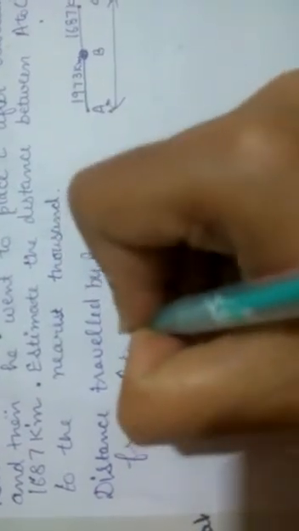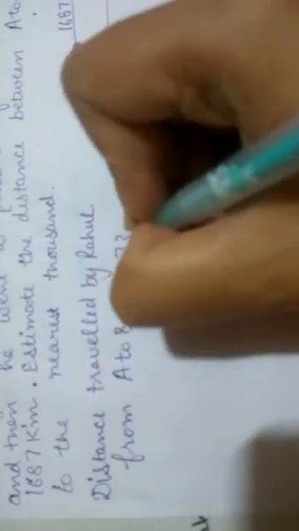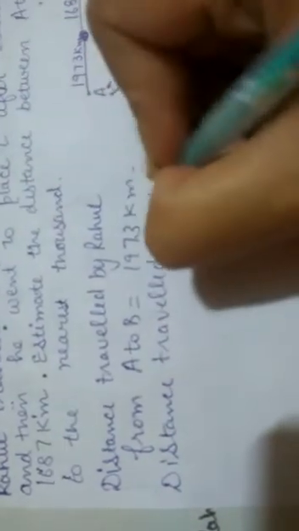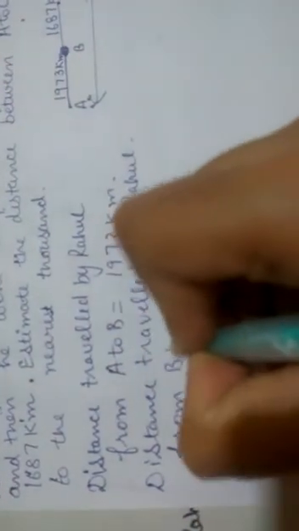Distance travelled by Rahul from A to B is equal to 1973 kilometers. Next line, distance travelled by Rahul from B to C is equal to 1687 kilometers.